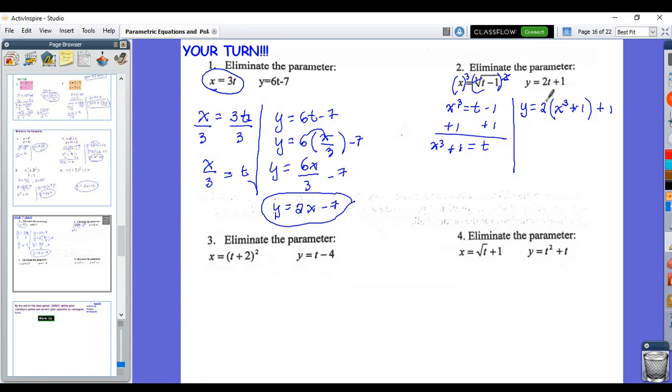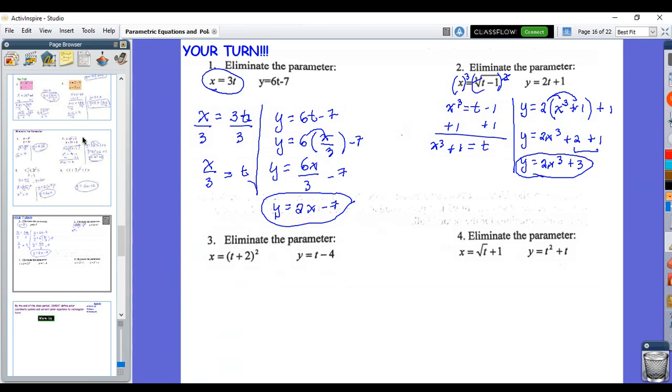So simplifying it, distributing my 2 to the terms inside my parentheses, I should have y equals 2x cubed plus 2 and then plus 1. Combining like terms, I can combine 2 and 1. So y is equal to 2x cubed plus 3. And that is going to be my y function.